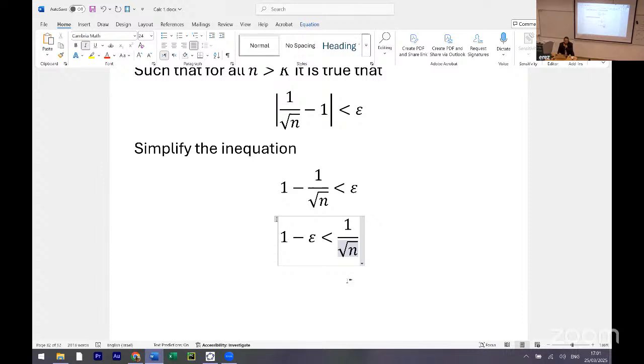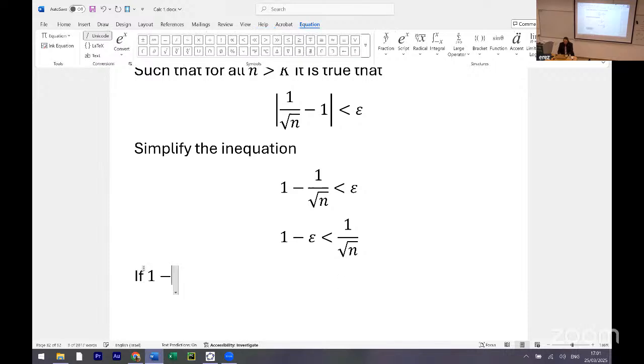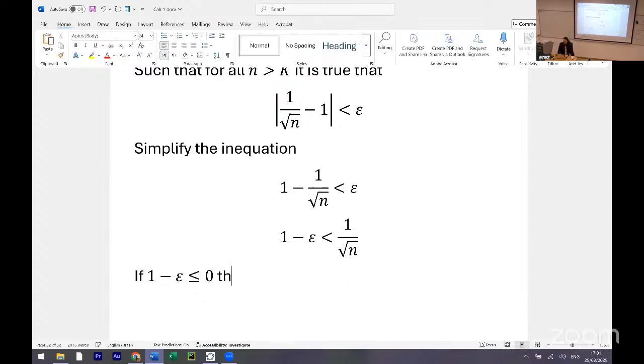No, because epsilon is smaller than one. It depends, but the answer actually depends, right? If 1 minus epsilon is smaller or equal to 0, the inequality is always true.